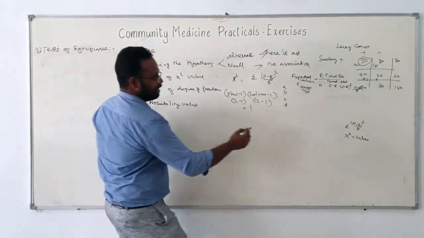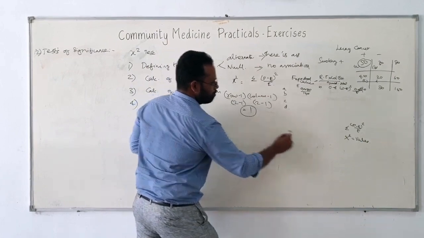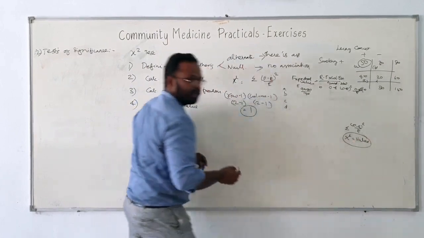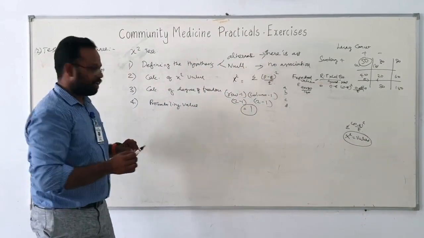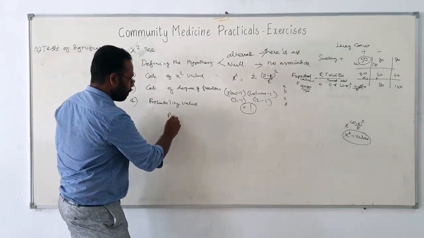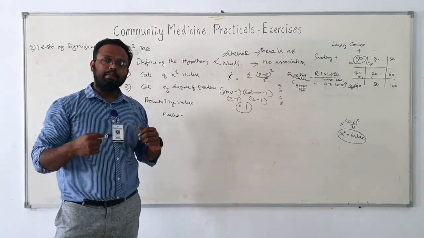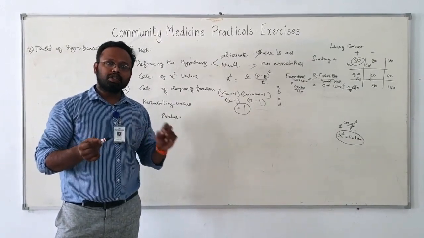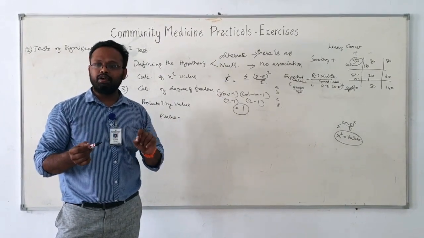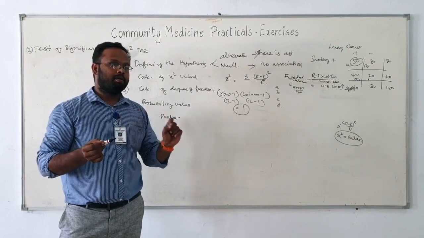Then after calculating this degree of freedom and getting this chi-square value, we have to look at the probability table for the p-value. But sometimes this table may be provided. But most commonly when a 2 by 2 table is given for you, we may not provide probability table.